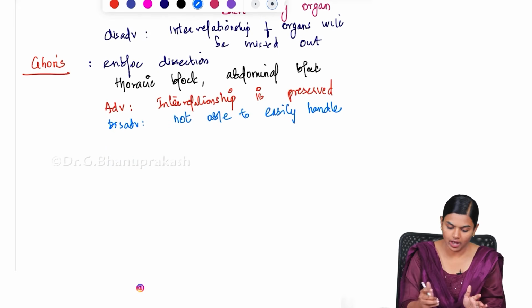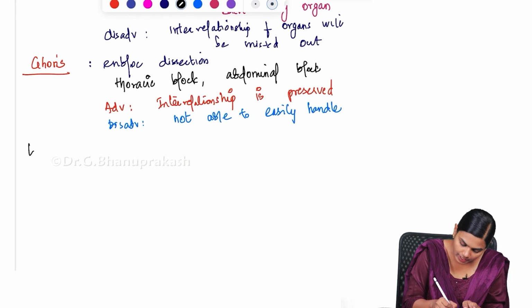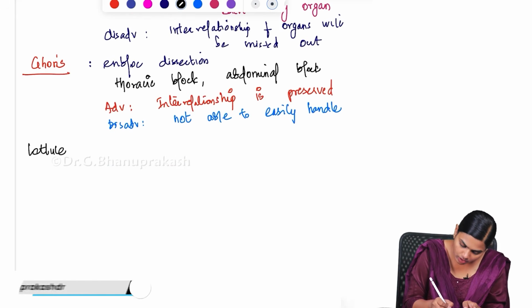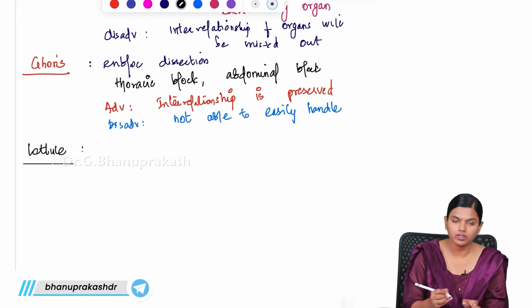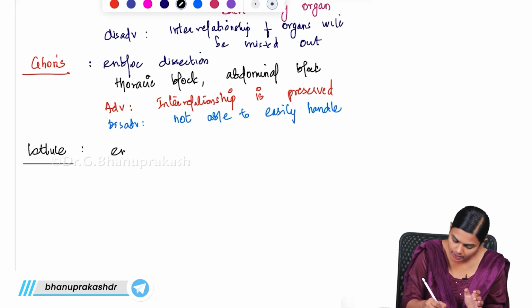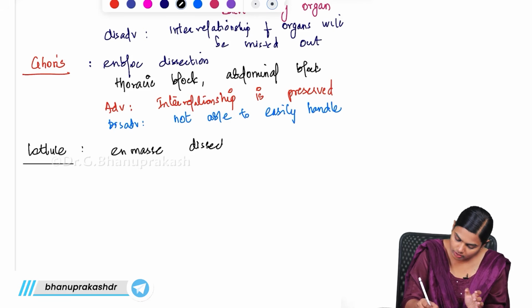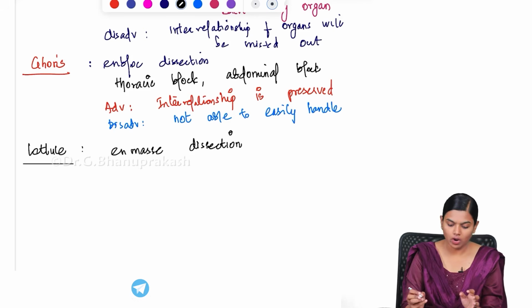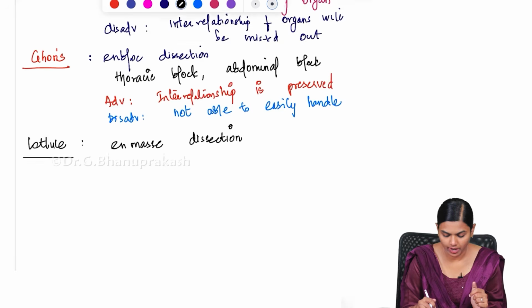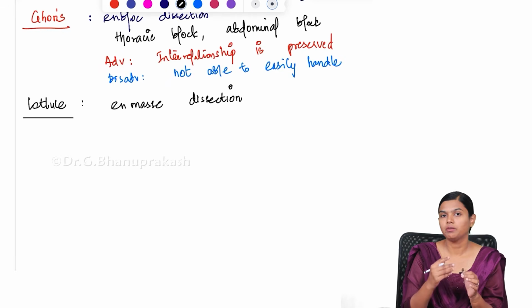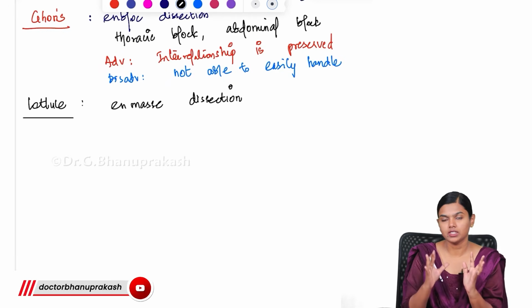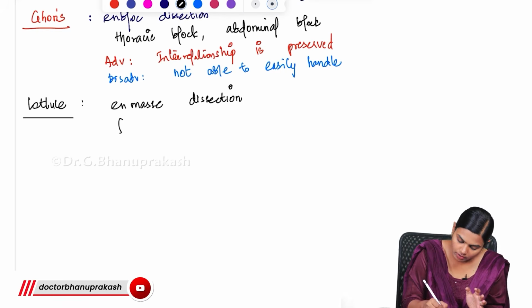Up next we have Letulle's method, which we call en masse dissection. What we mean by en masse dissection is that we take everything from the tongue to the prostate as a single mass.